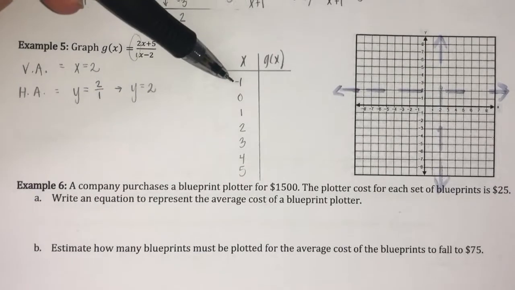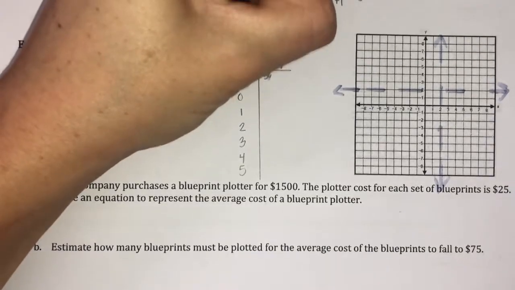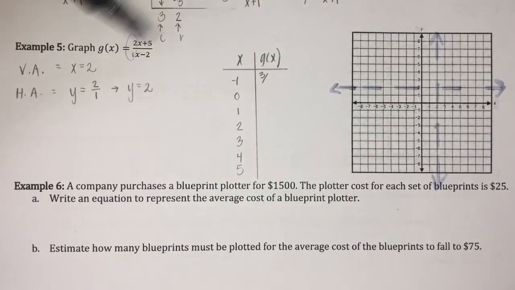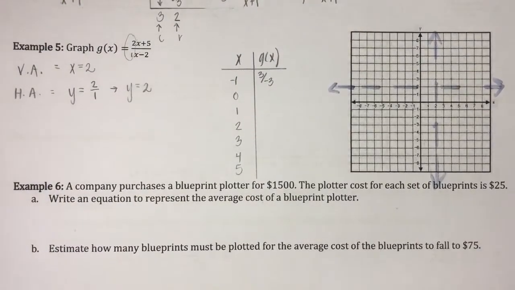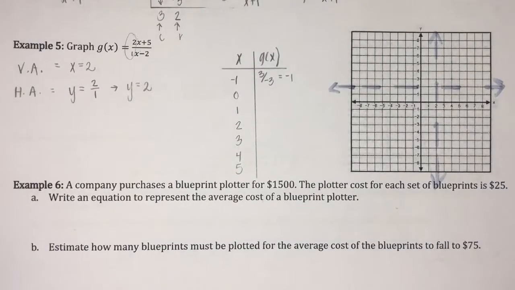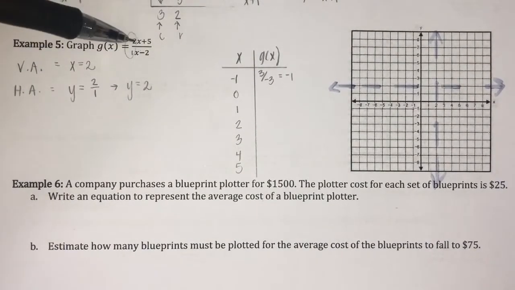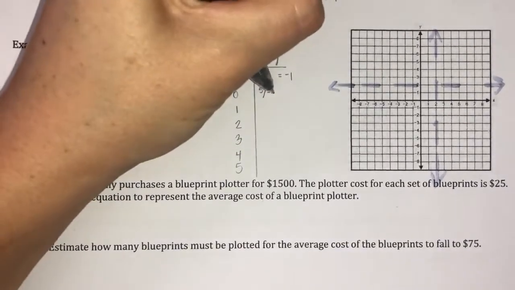So when x equals -1, it's 2 times -1, so -2 plus 5 is 3, over -1 minus 2, so over -3. So -1. And then when x equals 0, it's just 0 plus 5, so 5 over 0 minus 2, so over -2.